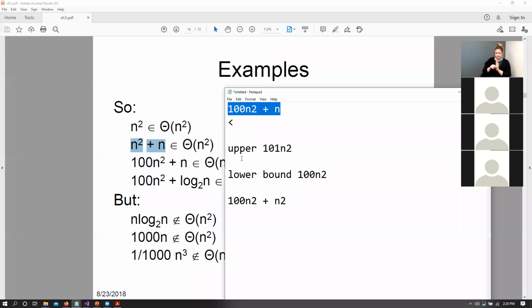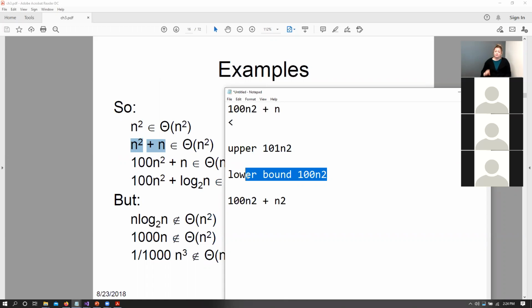Even if n was negative, would the lower bound hold? Exactly, right? In that scenario we are subtracting a number, so this lower bound might not hold. Does everyone agree that this lower bound might not hold if we are talking about negative n? Very good.